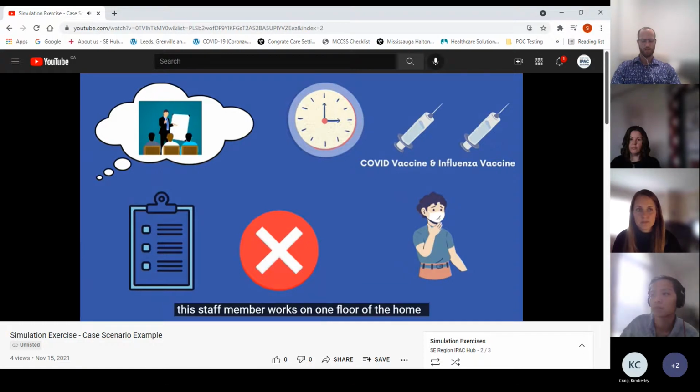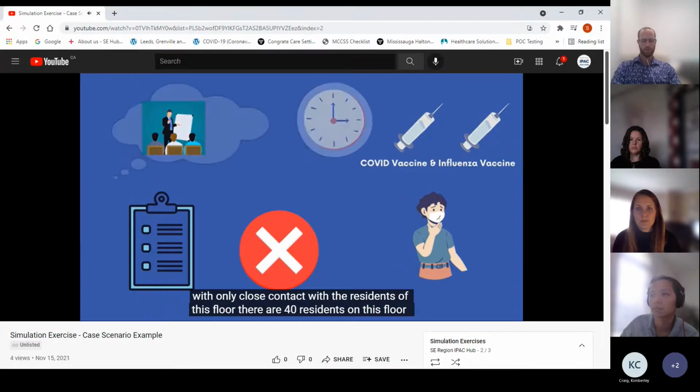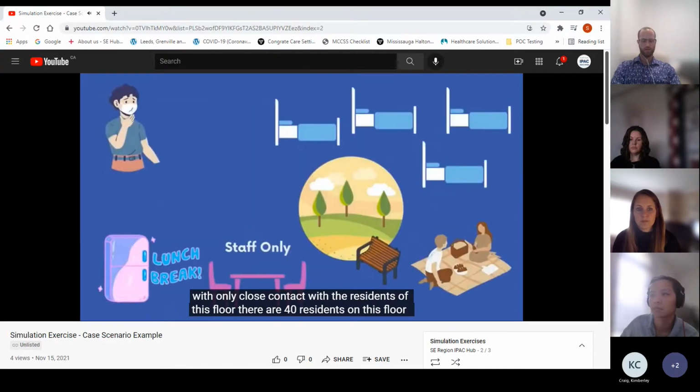This staff member works on one floor of the home with only close contact with the residents of this floor. There are 40 residents on this floor. Lunch and some breaks are taken outside, but there is also a designated break space. Staff from other floors and departments can use these areas, like kitchen and environmental service staff.